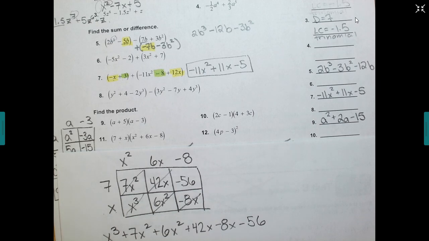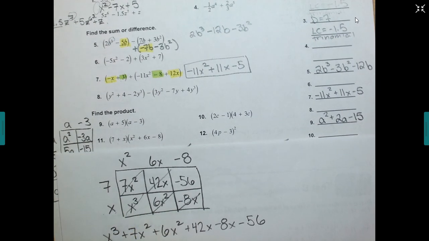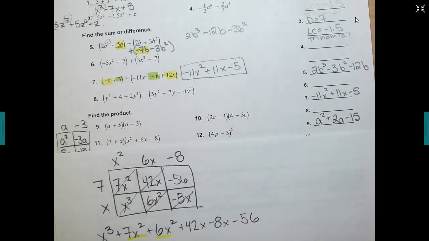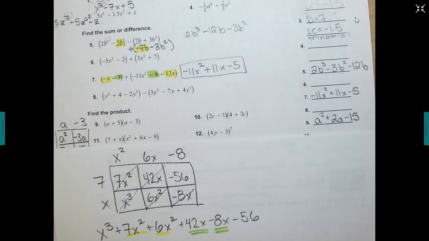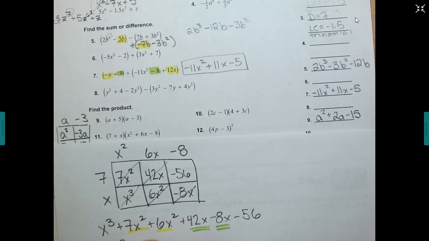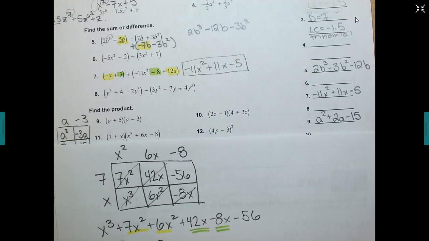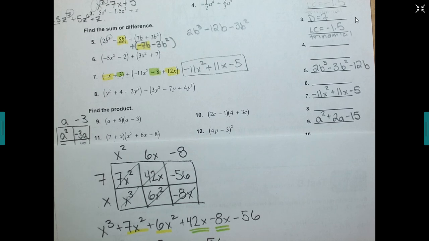So now I'm going to have to combine my like terms. So I have x to the third plus 13x squared, plus 34x minus 56.